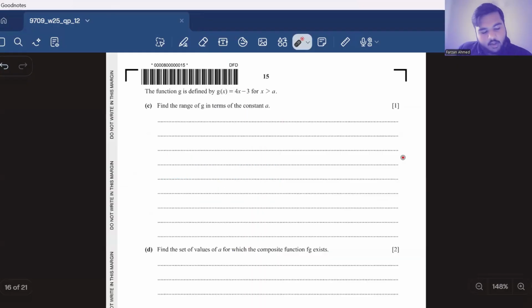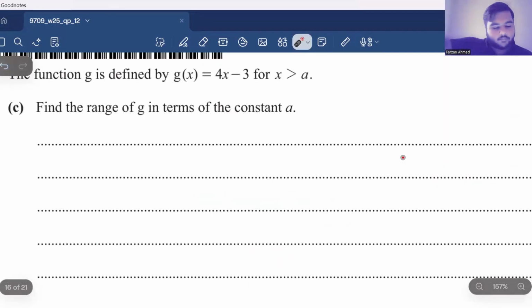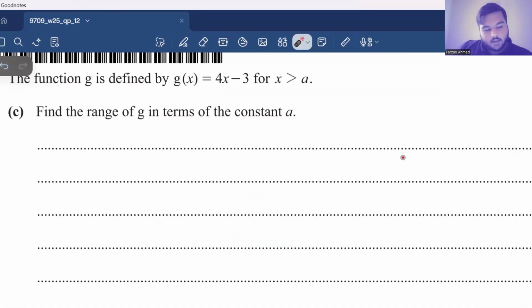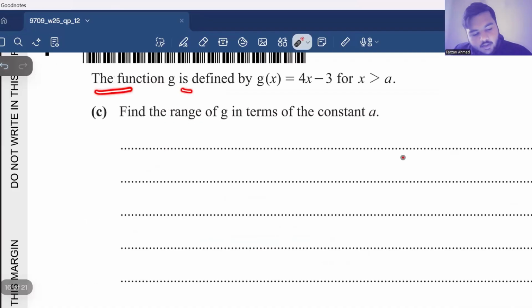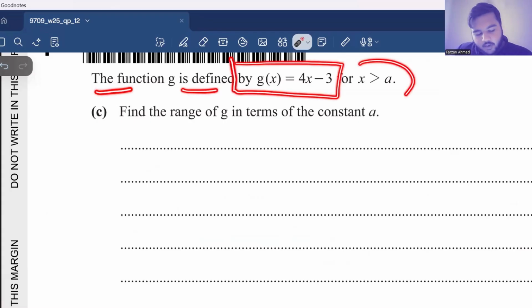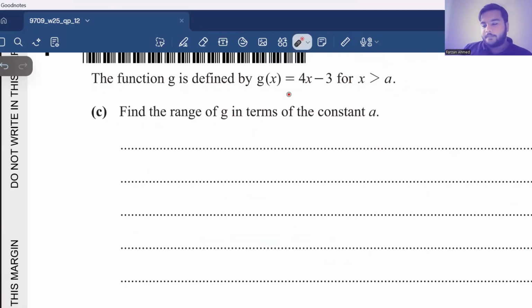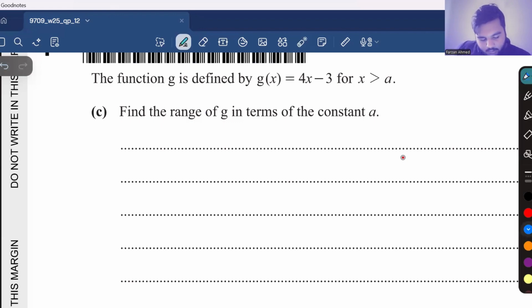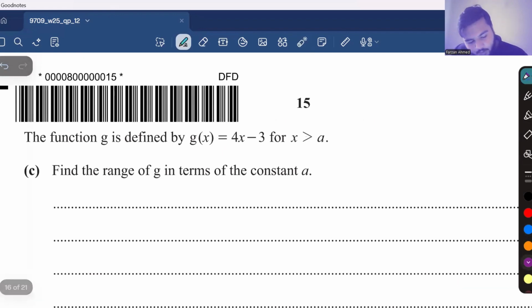Now in the next part they are saying the function g is defined by g of x, for x greater than a. Find the range of g in terms of constant a. For this, we have to make a sketch of the graph.